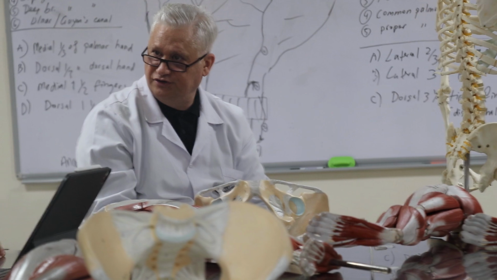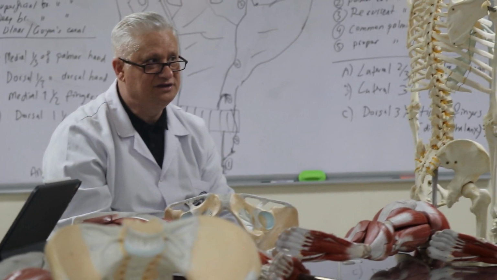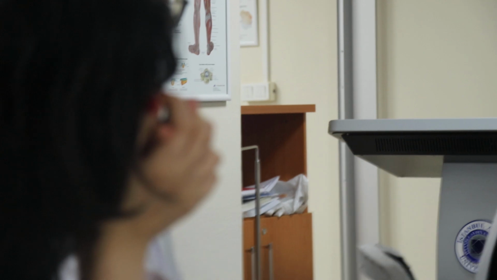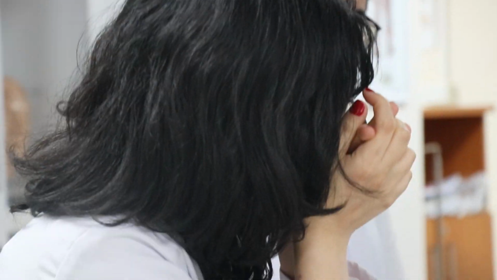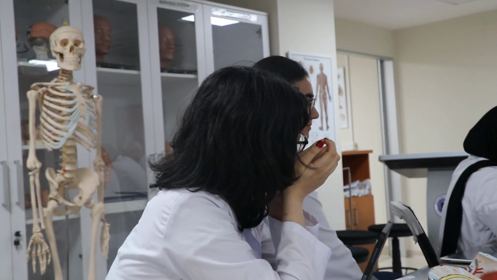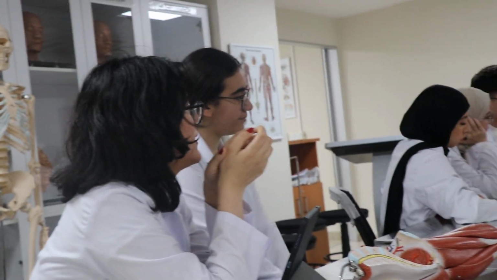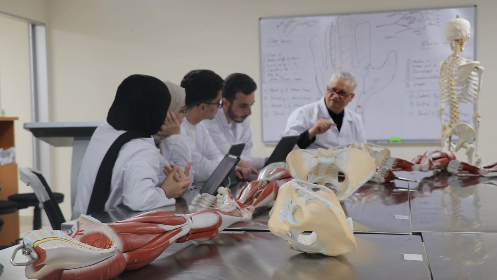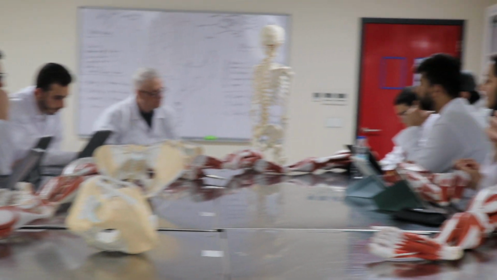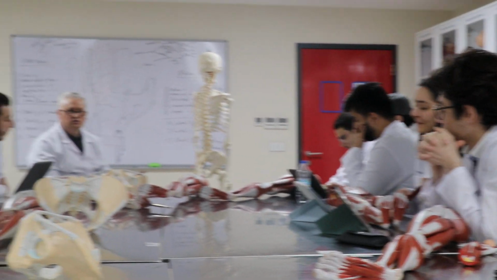L4, L5, S1. So the superior gluteal nerve is L4, L5, S1, and the inferior gluteal is L5, S1, S2. Everybody got that? Good. So that's gluteus maximus.